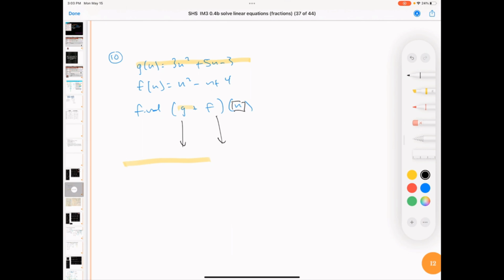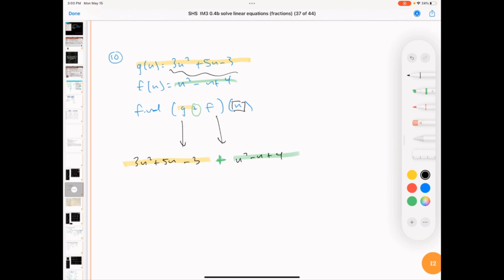I'm only putting the right side of the equation, 3n squared plus 5n minus 3. And then because it's a plus sign, I don't need to change any of the math operations. F of n is on this side, and I'm just going to put in n squared minus n plus 4.